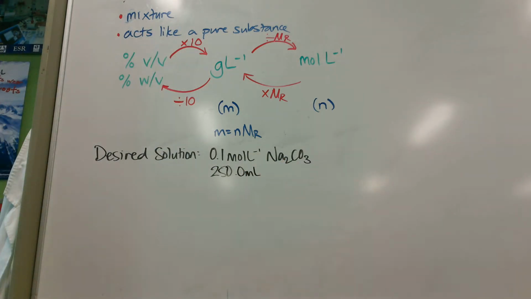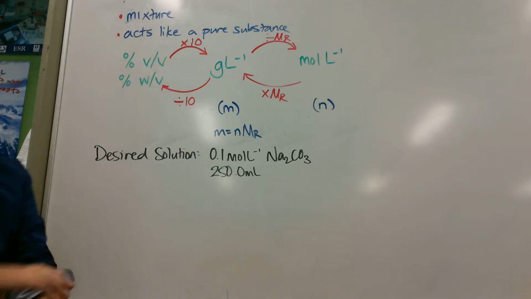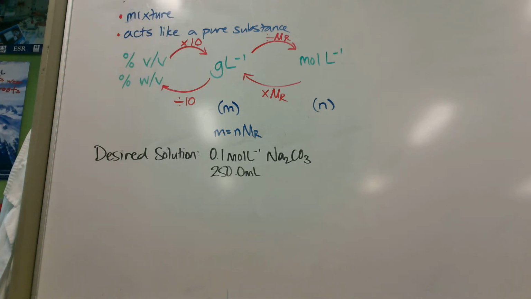Okay? So that's what we were after. And we had to work out how much to weigh out, then we had to dissolve it and so on. So I'm just going to quickly go through the maths again with you. It's not in camera shot, but everyone can see the maths I'm about to do on the right hand board as well, because I'm going to go a little bit more abbreviated here.